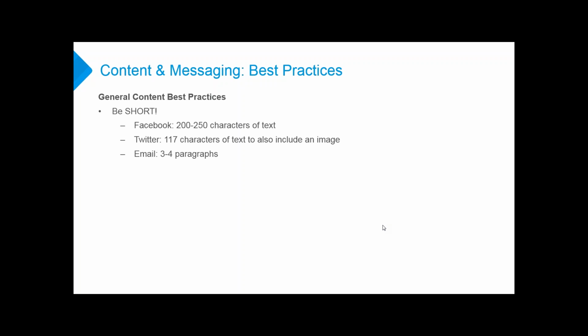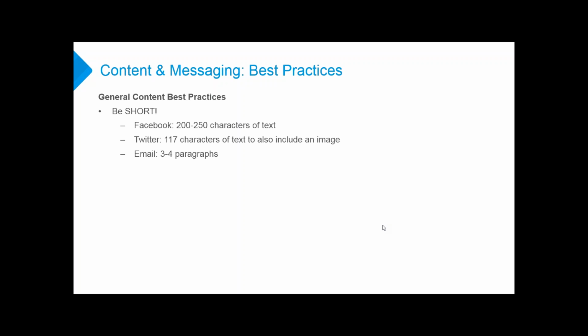If you think about needing to get the attention of super busy people in a newsroom, and you can do that in 90 characters, then you can definitely convey what you need to in 250. For Twitter, even though it allows for 140 characters, you need to max out at 117 if you're including an image in your tweet.